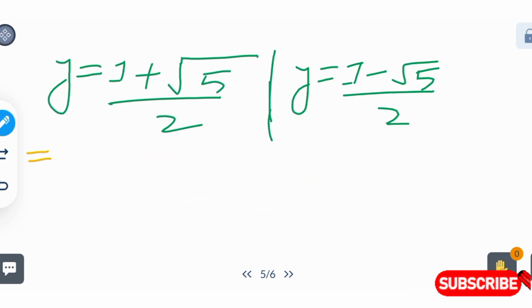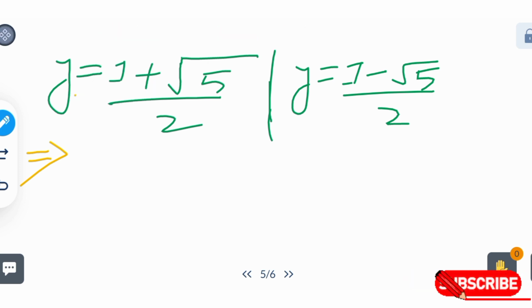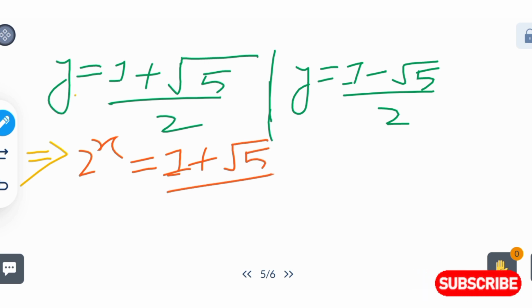It means here we can write, in place of y, 2 to the power x is equals to 1 plus root 5 by 2.